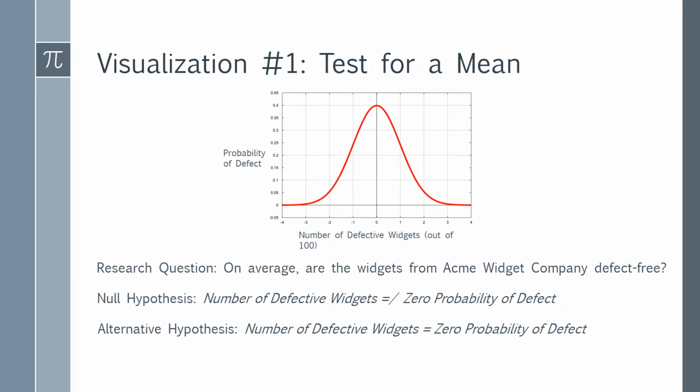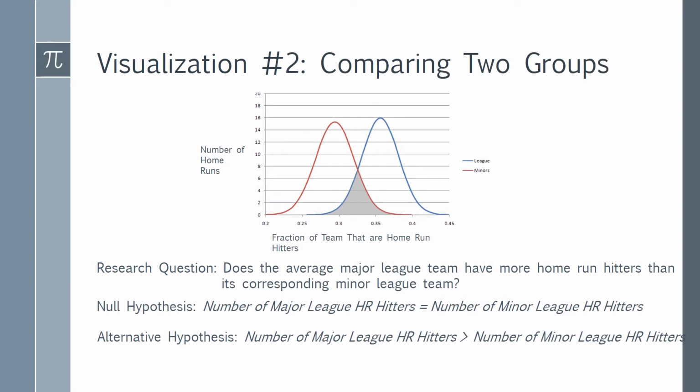Moving on, our visualization test number 2, which has to do with comparing the two groups. So the research question for test number 2 is, does the average major league team have more home run hitters than its corresponding minor league team?